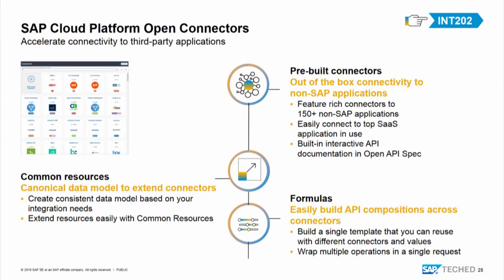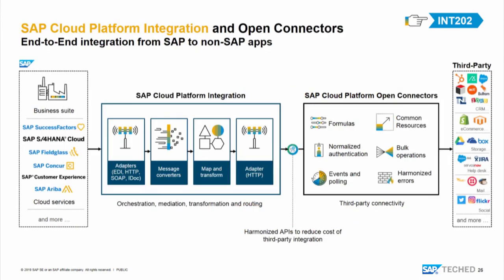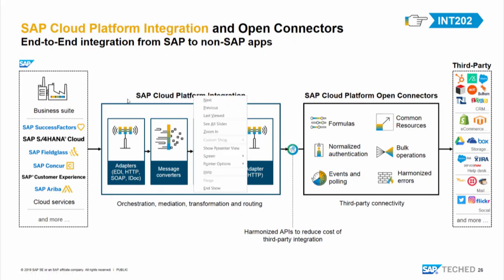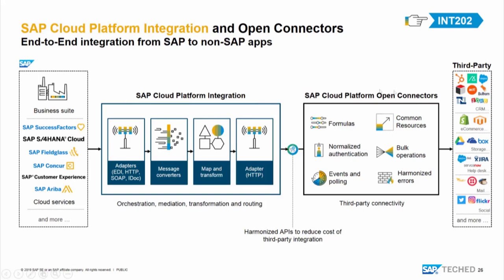I believe that's an old number. It may already be more than 175 non-SAP applications that connect to usually top SaaS, top software as a service applications. And it pretty much works like that. You have your SAP suite, your SAP applications here on the left-hand side. You have SAP Cloud Platform integration capabilities here more in the center.